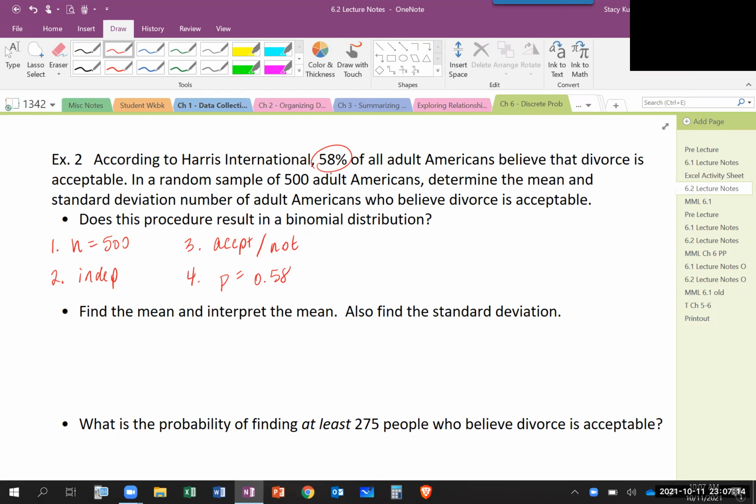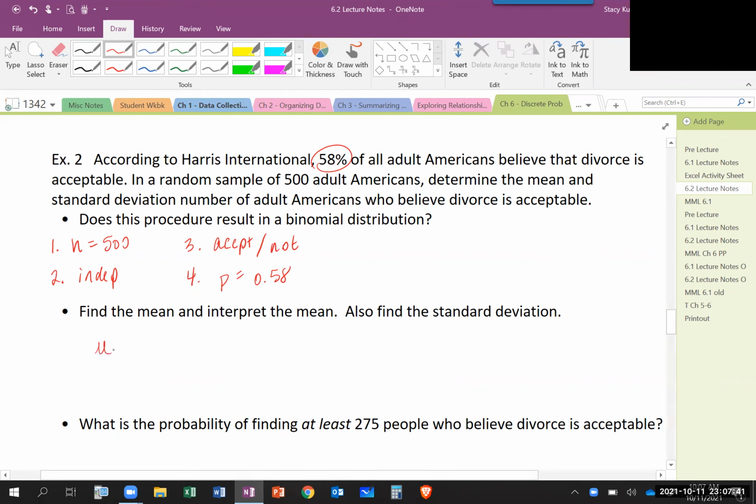Now, get your calculator out. And we want to know, what is the mean? If I talk to these 500 people, and I know that on average about 58% of the average person thinks divorce is acceptable, then in a group of 500 randomly selected people, what's the average number who are going to think that it is acceptable?